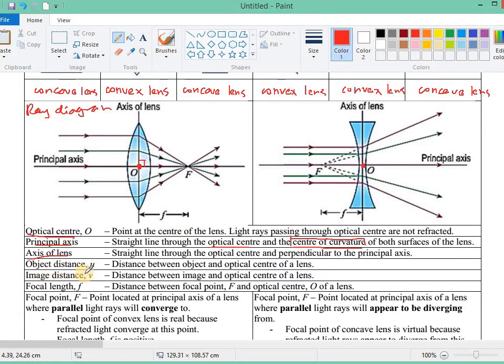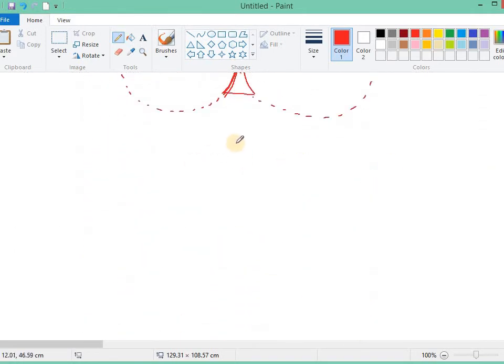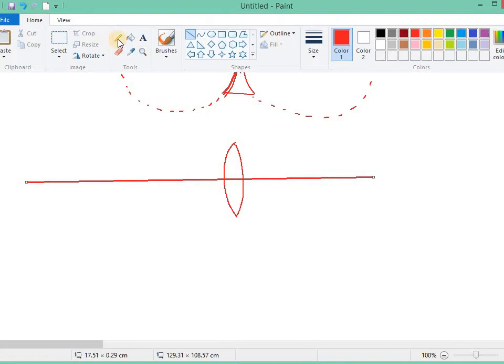Okay, object distance, U, is the distance between the object and the optical center of a lens. So that means like this. Okay, this is the lens. So let's say there is an object here.